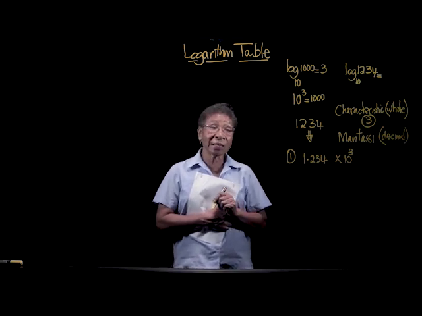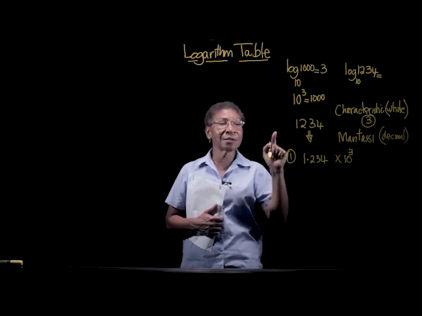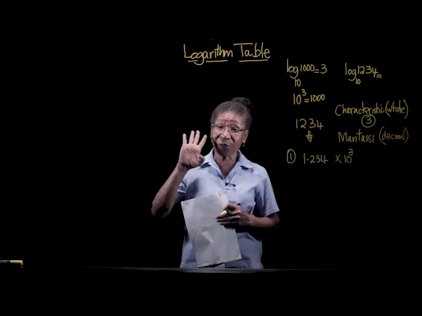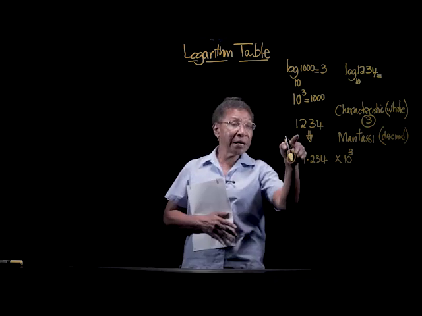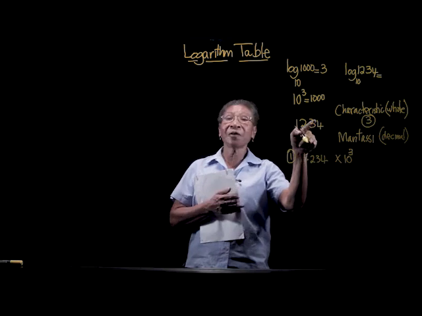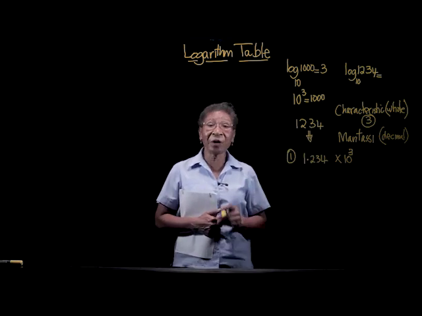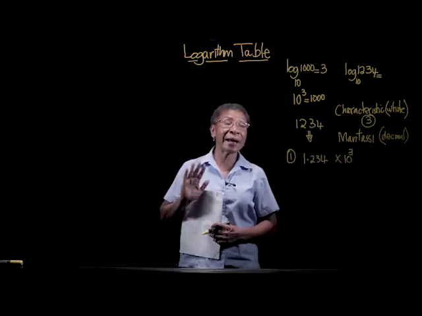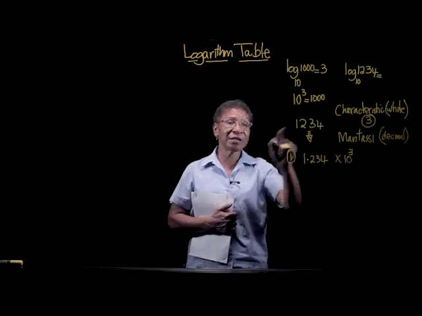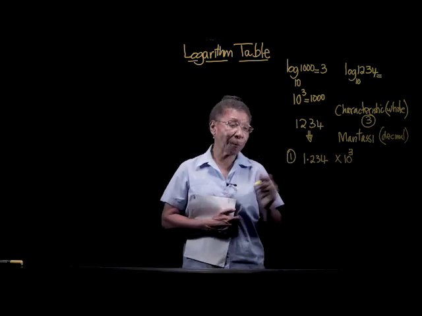In order to calculate the decimal number, note that 1,234 has 4 digits: 1, 2, 3, and 4. I will look at the first 2 digits to my left, which are 1 and 2.